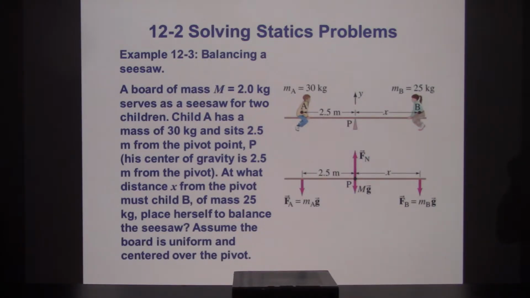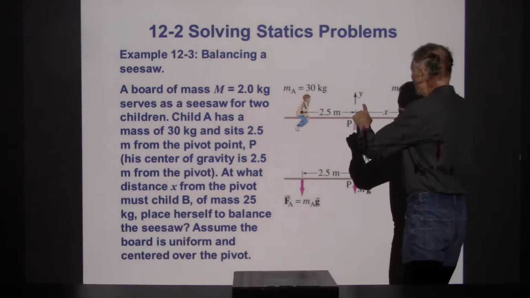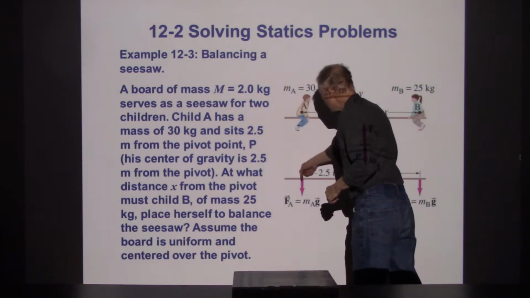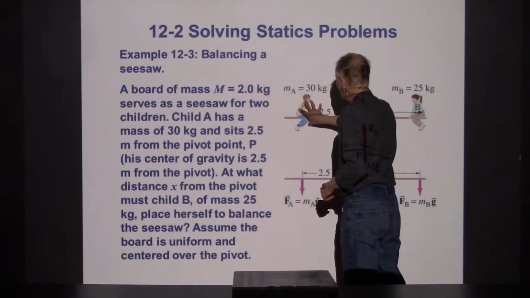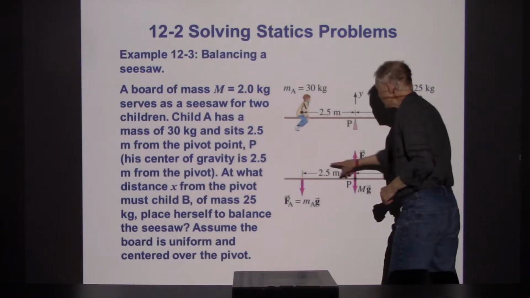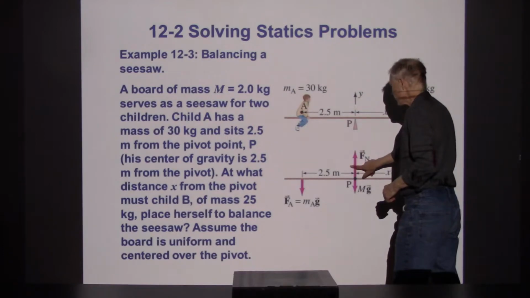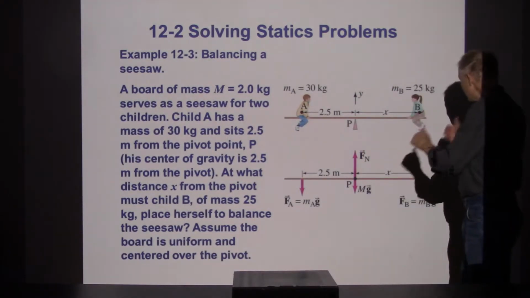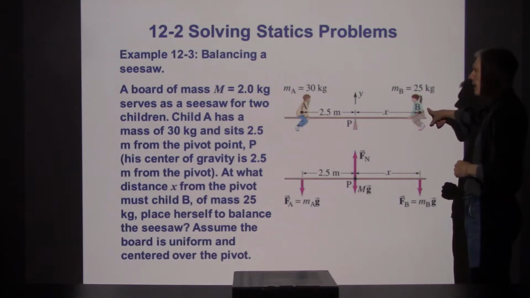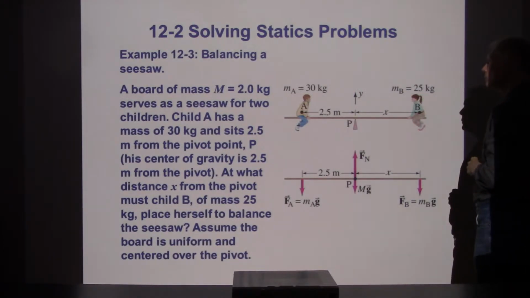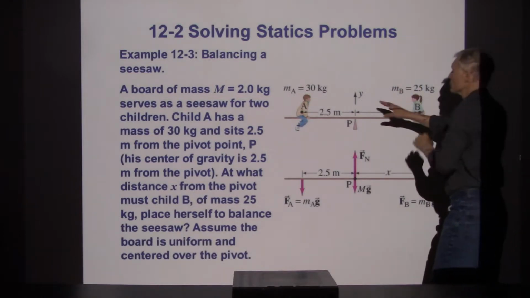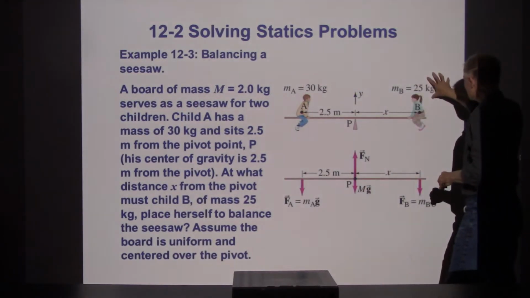Now what is going to happen is that when the kids climb onto this board, that's going to create a torque. There's going to be a gravitational torque of mg on side 1, and that is going to get multiplied by lever distance 2.5. Now on the other side, remember this kid is heavier, right? 30 kilograms and 25 kilograms.